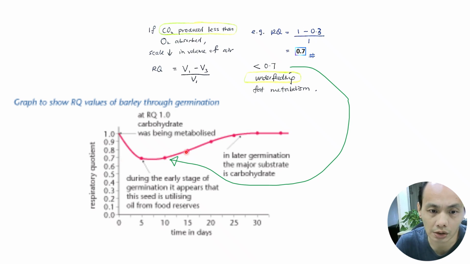Then slowly, when photosynthesis occurs and leaves are produced, carbohydrate in the form of starch is being used for respiration.